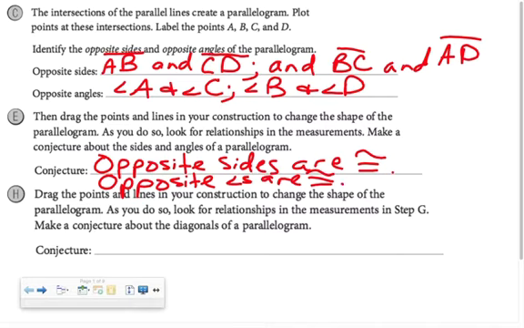And then it asks us to notice something about the diagonals of a parallelogram. If the activity went as planned in class, then we talked about how the diagonals intersect each other at each other's midpoint. That means that we can say that the diagonals bisect each other.